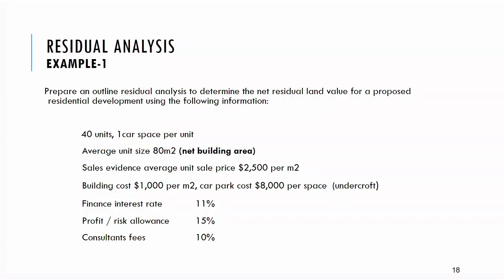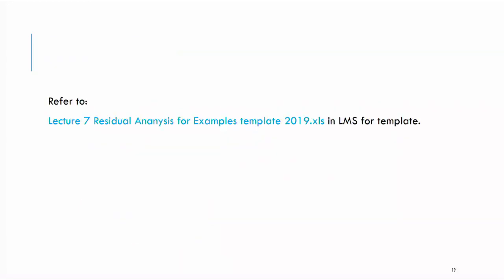Sales evidence, average unit sales price $2,500 per square meter. Building cost $1,000 per square meter. Car park cost $8,000 per space. Finance interest rate is 11%. Profit risk allowance is 15%. Consultant fees is 10%. Can you calculate the net residual land value?